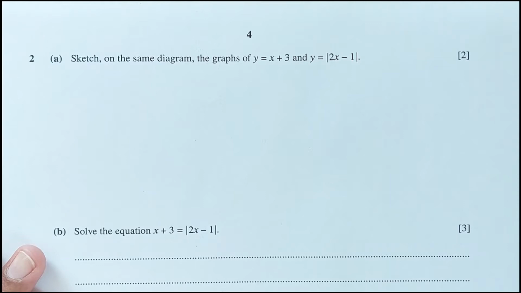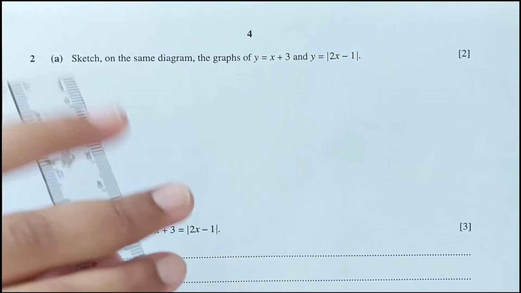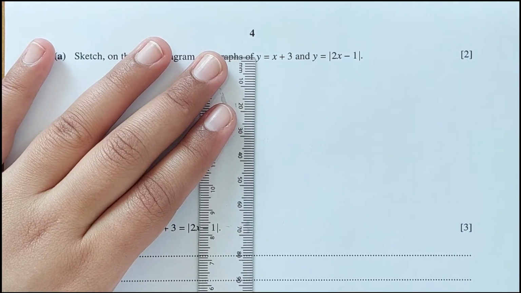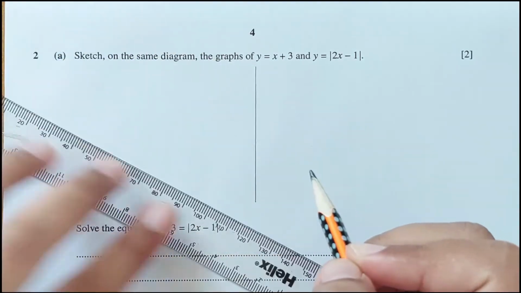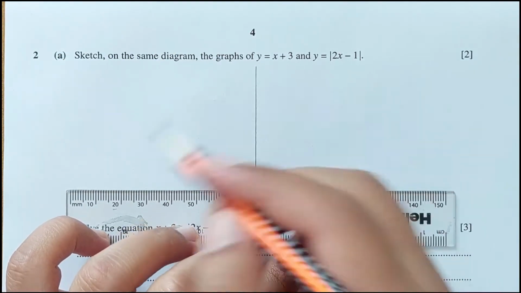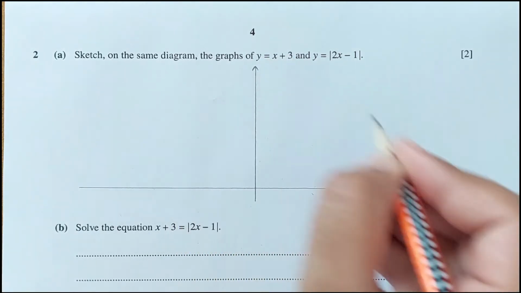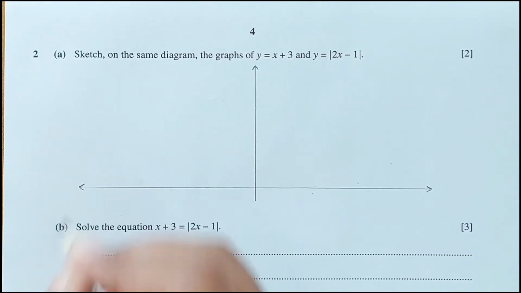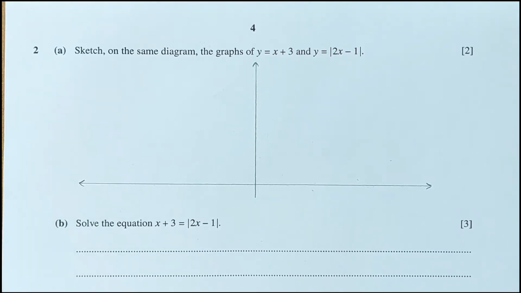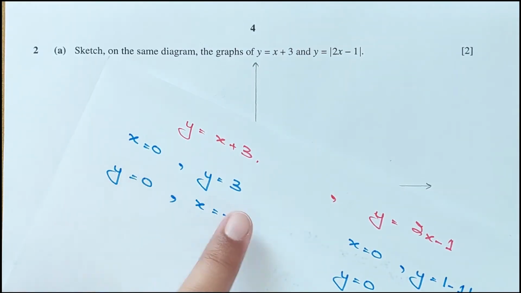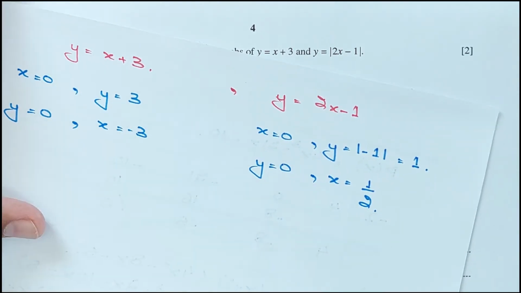Let me make the grid first. This is absolute, so it should be in the first and second quadrant. Okay, let me select the scale now, because we have x and y intercepts given, which are 0, 3 and 0, minus 3, and 0, 1 and 0, 1 by 2.